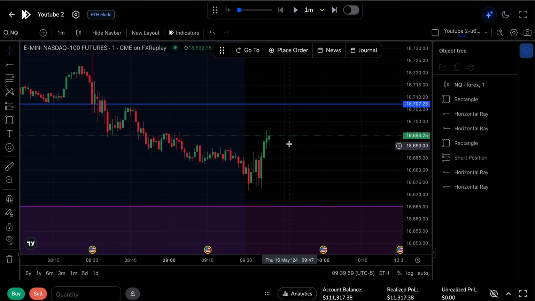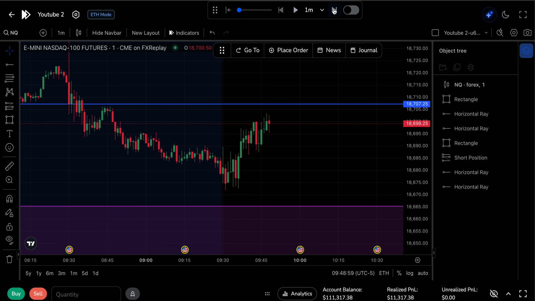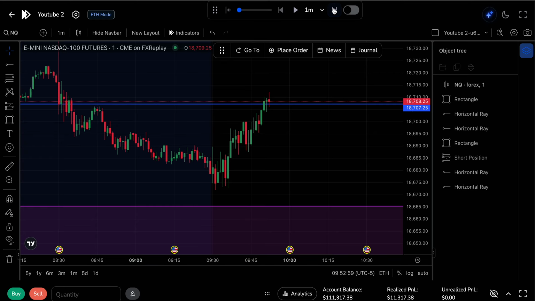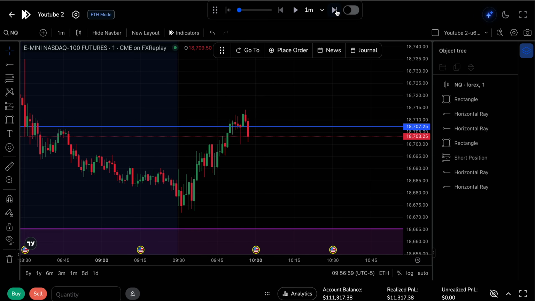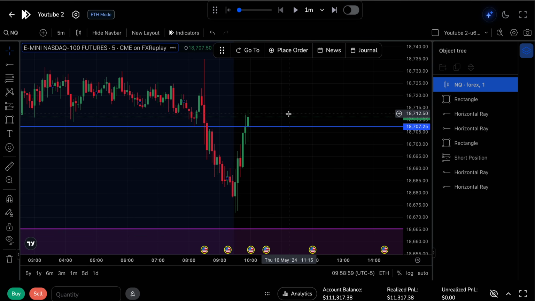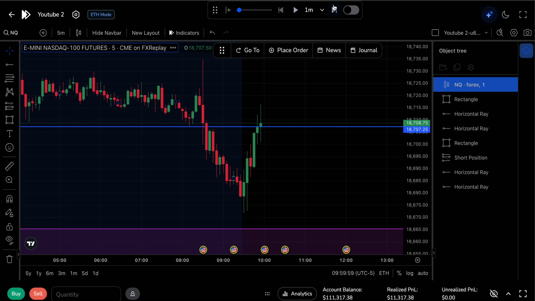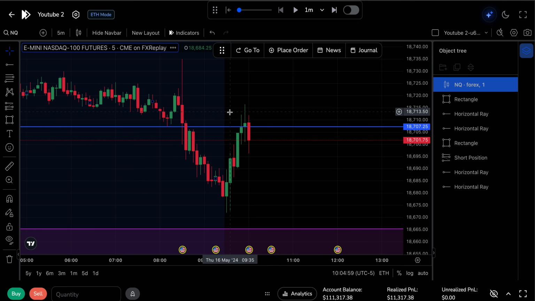Do not come into a 15-minute gap. We don't have one. Retest that liquidity. Come into this 5-minute gap here.